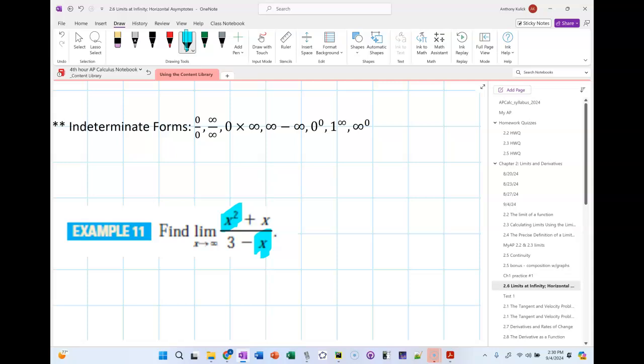I can tell whether it's going to have slope up or slope down by determining if the leading coefficient is going to be positive or negative. The numerator's leading coefficient is positive. The denominator's leading coefficient is negative. Positive divided by negative is negative. So it's going to be a linear function with negative slope. That's going to go to negative infinity.